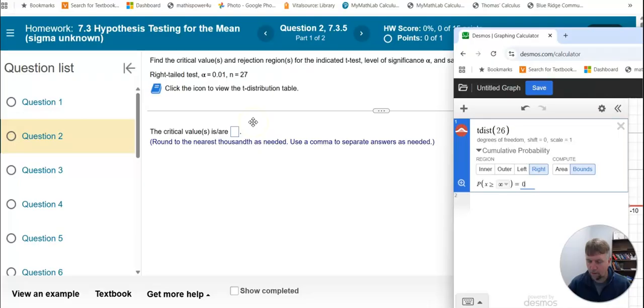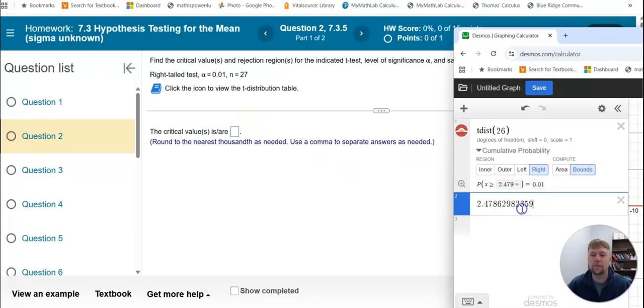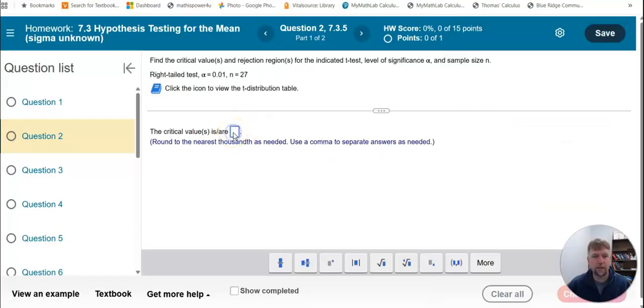I'll put 0.01, and I like to drop it down here, just in case we need it to more decimal places than they provide. This is going to the thousandths place, 2.479, so that's plenty. If they ever ask for any place values beyond 3 places, you would need to use that drop-down menu so you can round it to further places. But 2.479 is what's needed here.